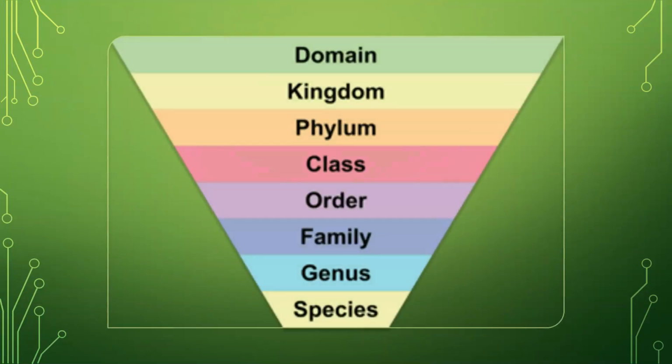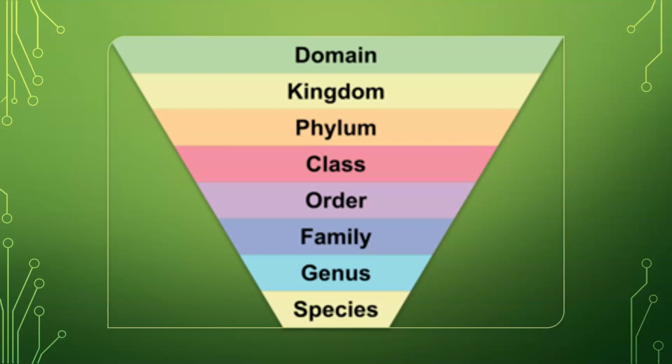Okay, now in the domain of Eukaryota, everything is classified in the system that we spoke of in video 1 of 5.3. And we said that classification uses this system designed by Carl Linnaeus. So we have our domain, which we know is Eukaryota, and then we have our kingdom, phylum, class, order, family, genus, and species.